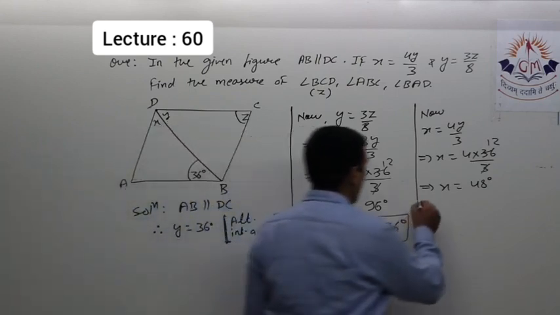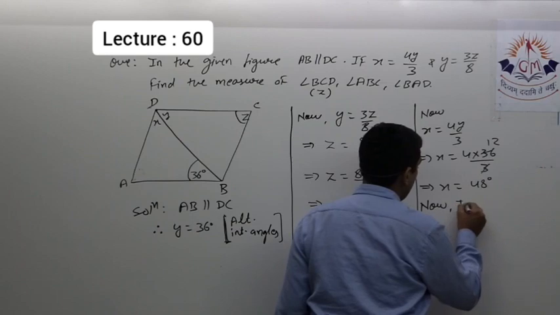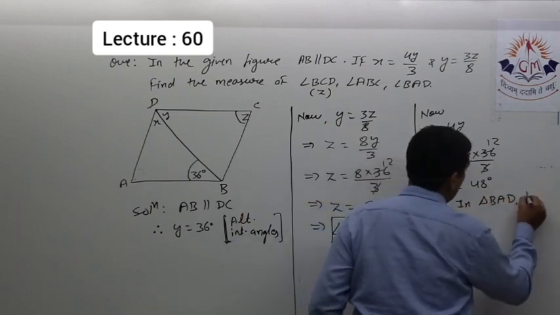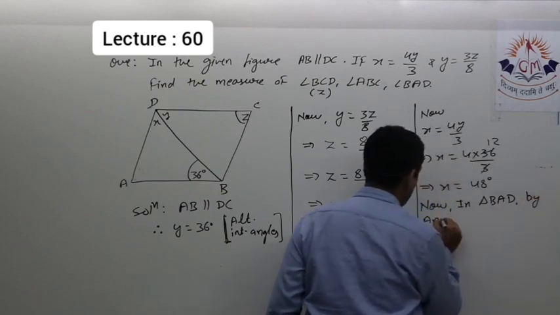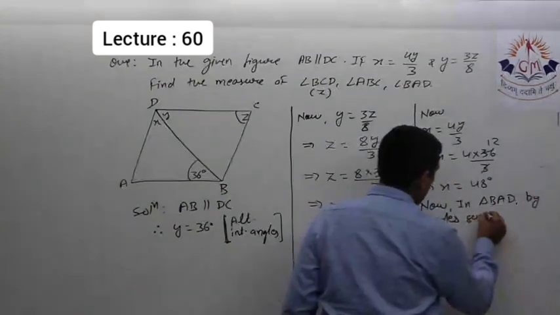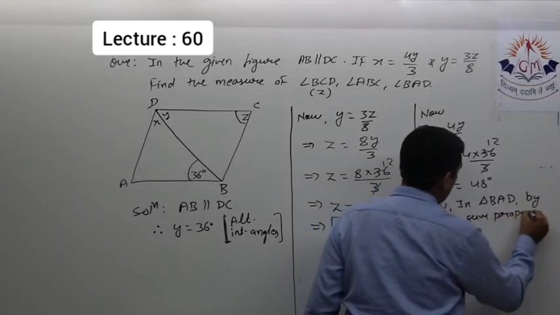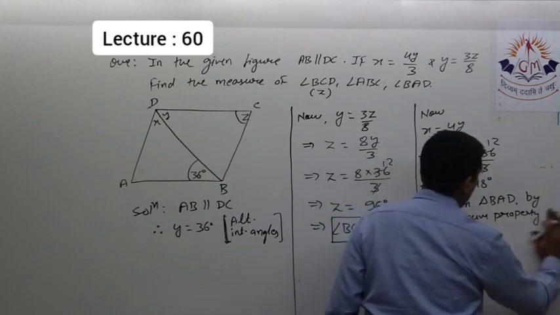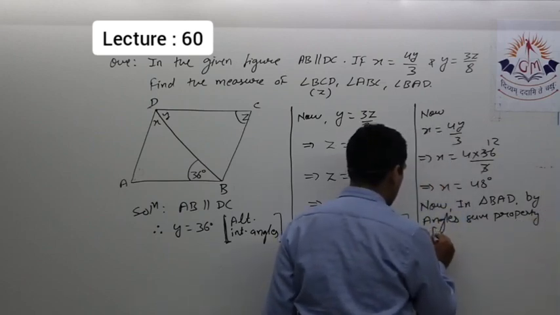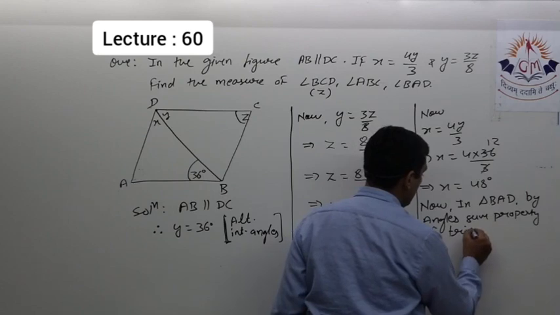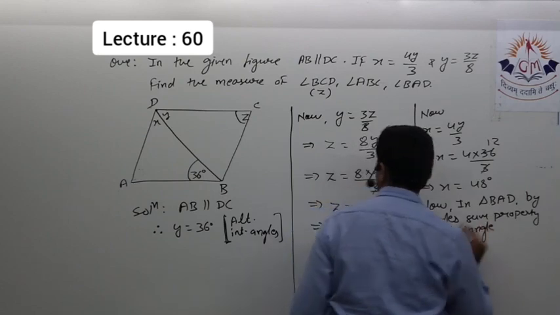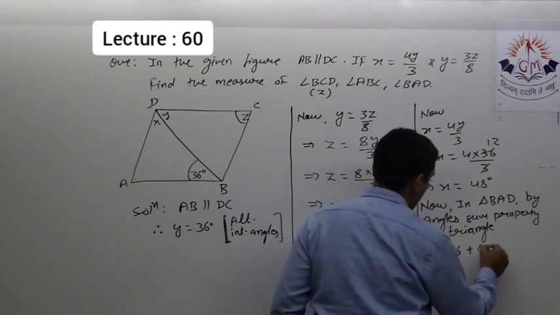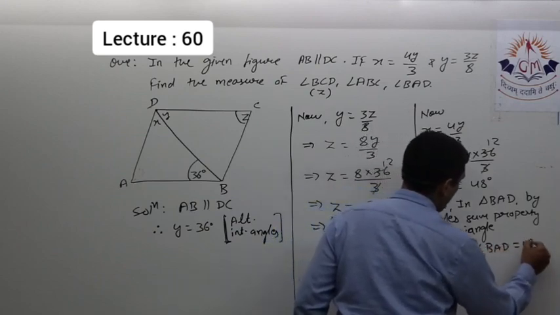Now in triangle BAD, by applying the angle sum property of triangle, what I can write: x plus 36 plus angle BAD is equal to 180 degrees.